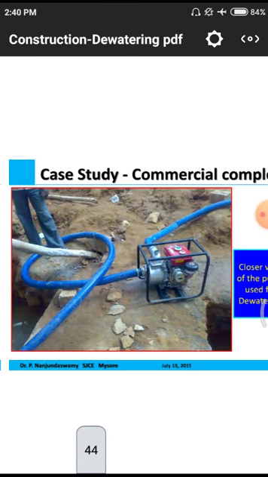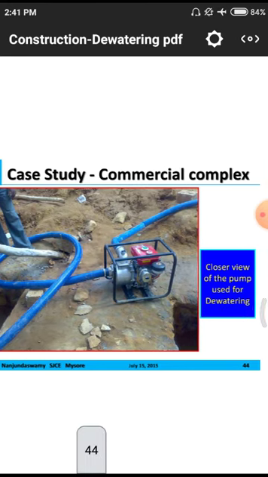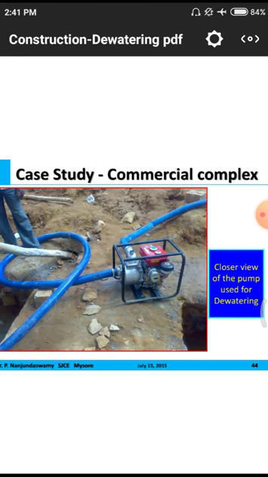It is a closer view. The motor is collecting water and feeding it into other lands. They are digging a particular land for construction of footings. Normally the site is given for a commercial complex construction.